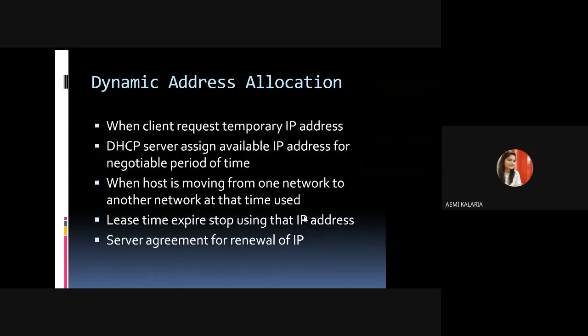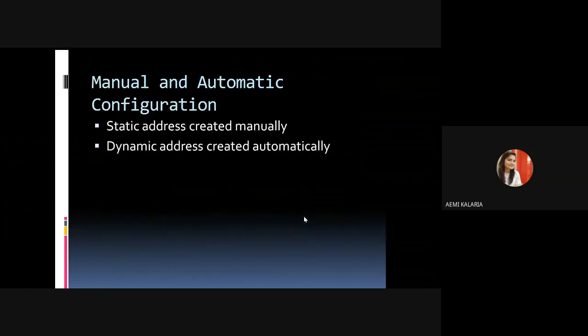When a host is moving from one network to another, at that time it is used. There are two types of configuration, manual and automatic. Whenever a static address is allocated, manual configuration is used, and whenever a dynamic address is created, automatic configuration is used. So this is all about DHCP.